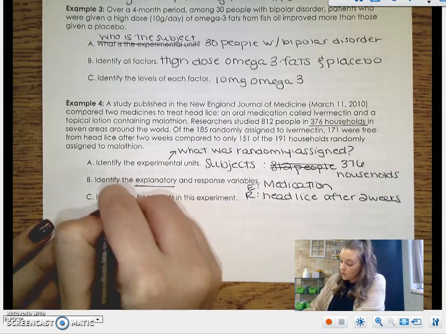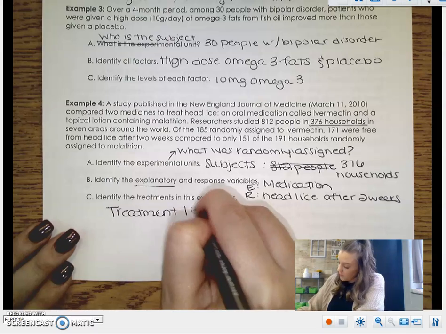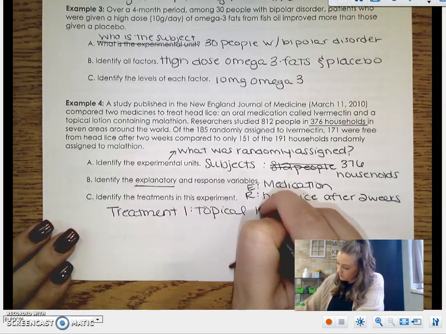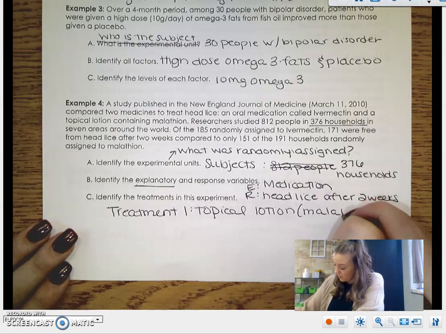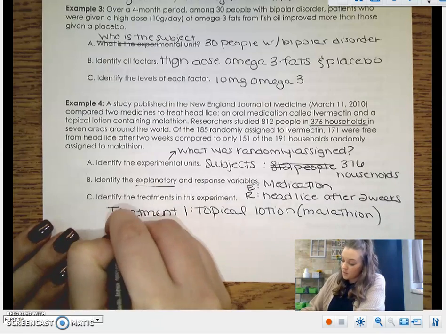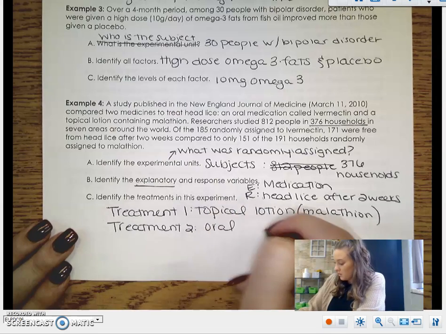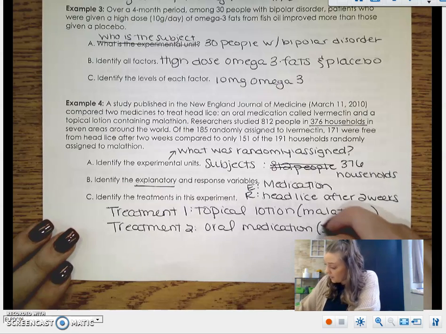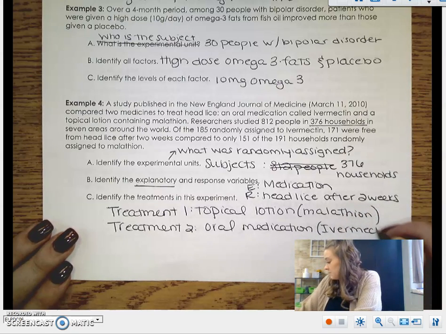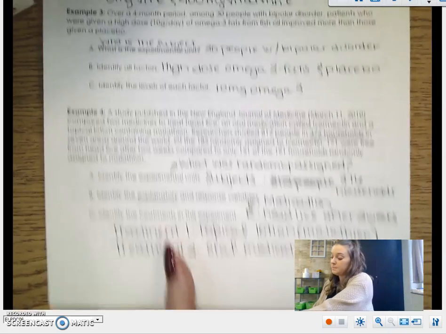Treatment 1 was the topical lotion, which is called Malathion, and treatment 2 was the oral medication called ivermectin. So those are the 2 treatments, and the households were randomly assigned to one of those treatments.